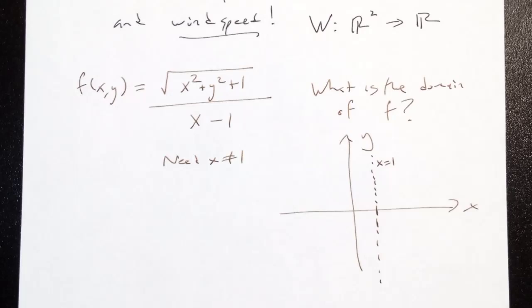What else might screw this up? Aha, if I have a negative under the square root.